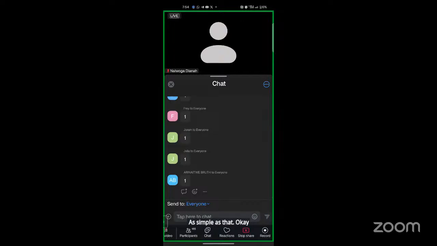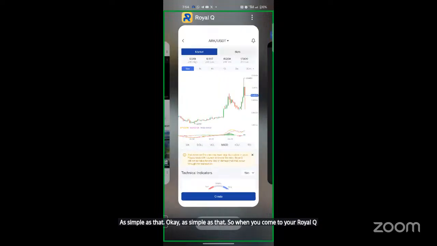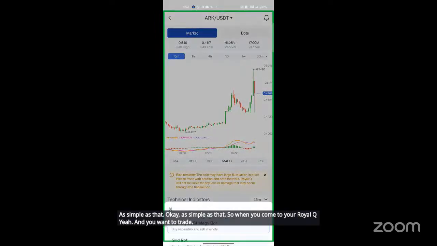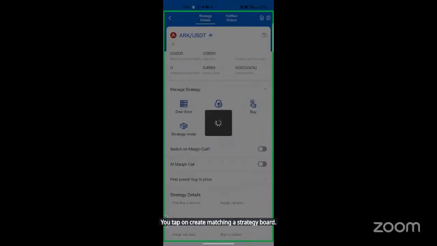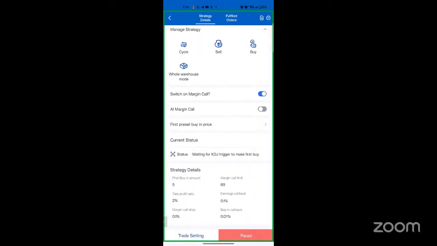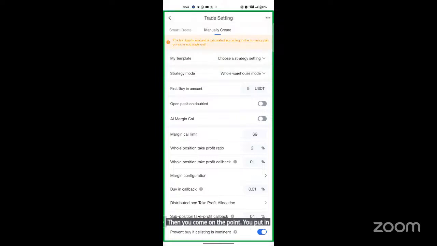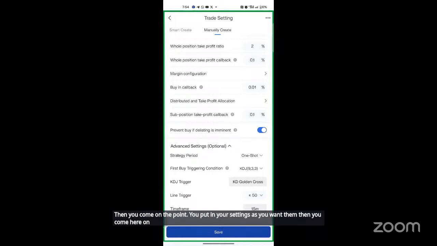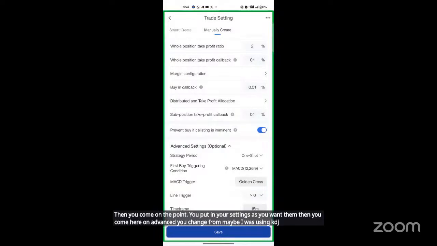So when you come to your Royalq and you want to trade, you tap on create martingale strategy bot. Then you come on the coin and put in your settings as you want them. Then you come here on advanced. Maybe I was using KDJ; you change it, put MACD and put in the golden cross.